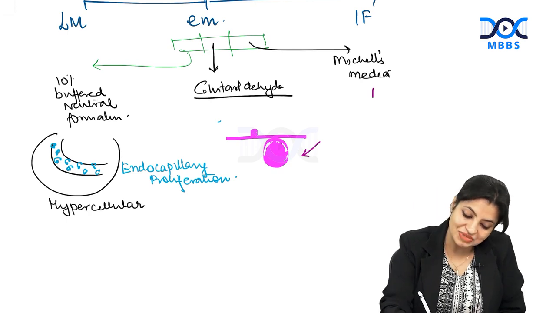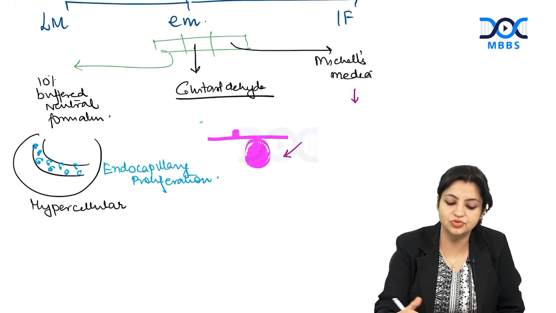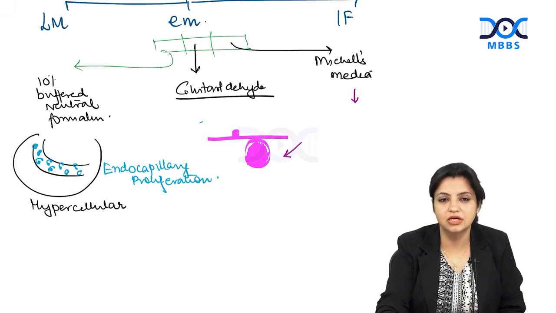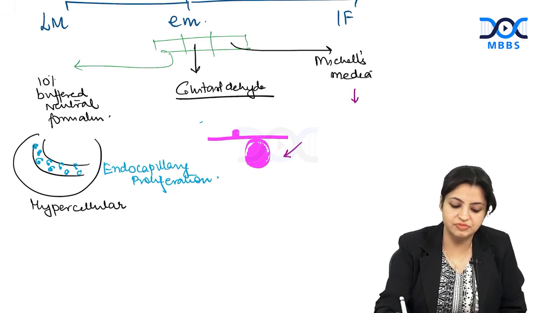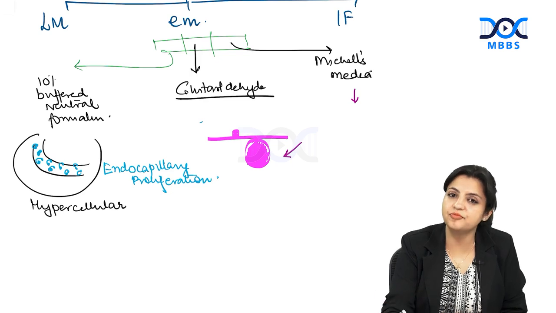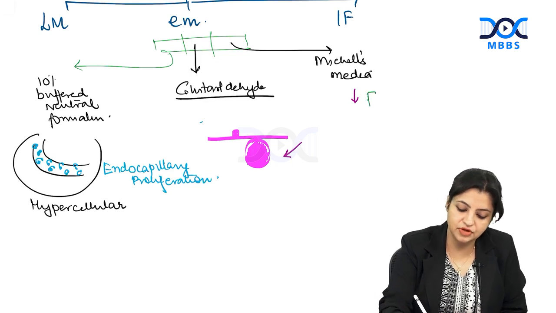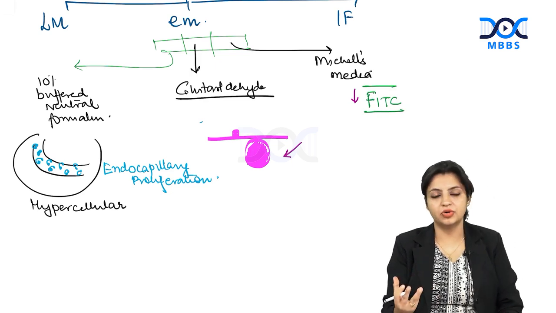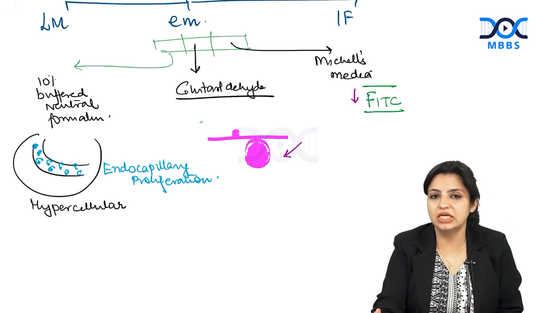Now, Michel's media, basically immunofluorescence, tells you the composition of the immune complexes. Whenever it is an immune complex mediated disease, you tag them with FITC. FITC is a fluorescent stain which is green in color.